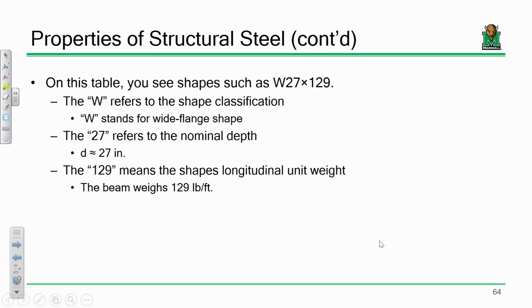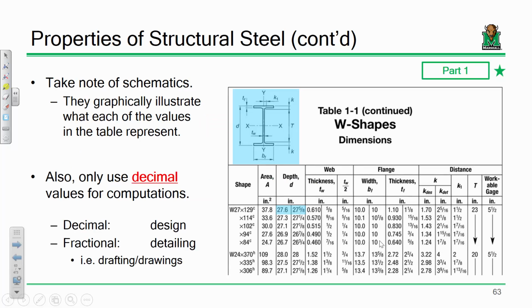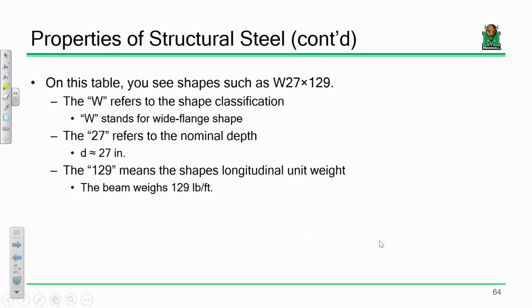It's set basically to the rolling schedule. If you look at all of these W27s, they're not exactly 27 inches deep, but they're about 27 inches deep. So the first number is the nominal depth. The second number is its weight.